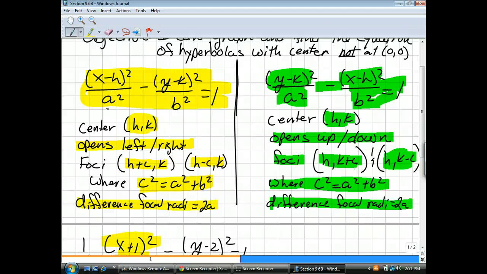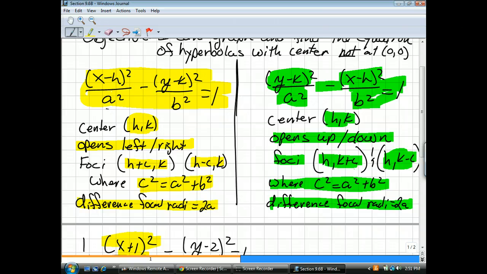And then for the hyperbolas that open up and down, that is the green here. In this one, it's (y minus k) quantity squared over a squared minus (x minus h) quantity squared over b squared equals 1.